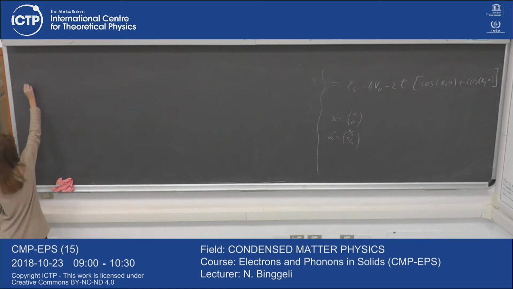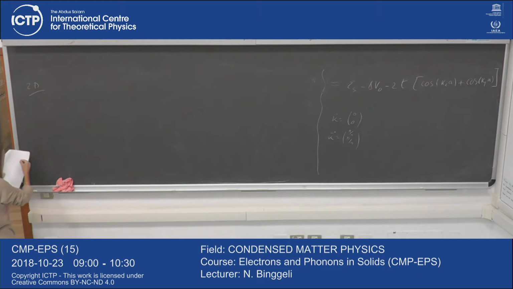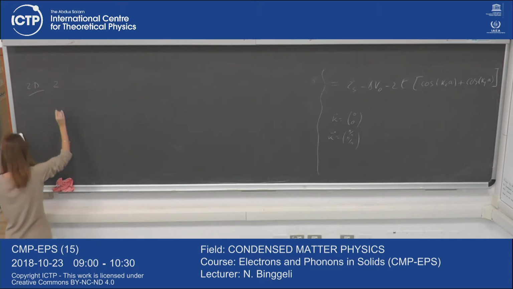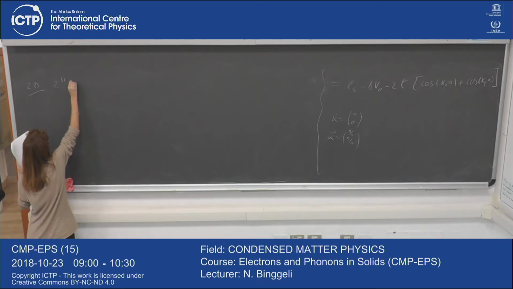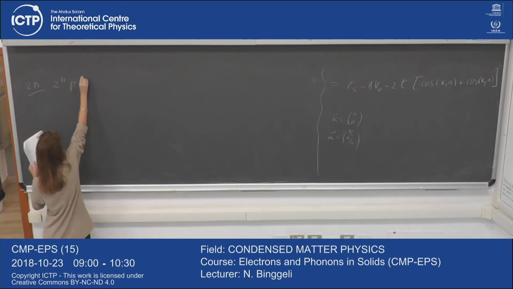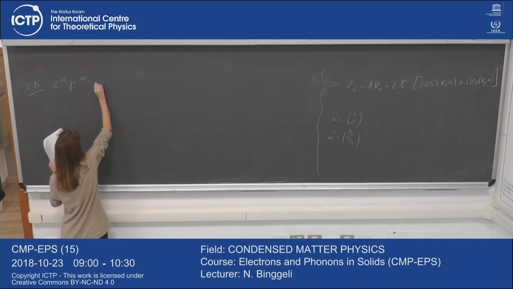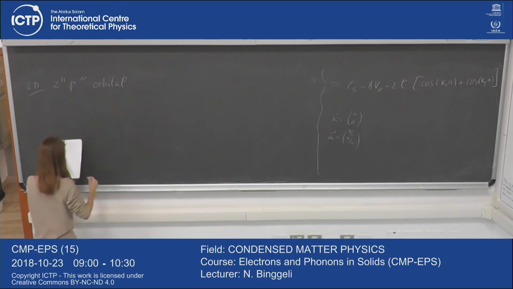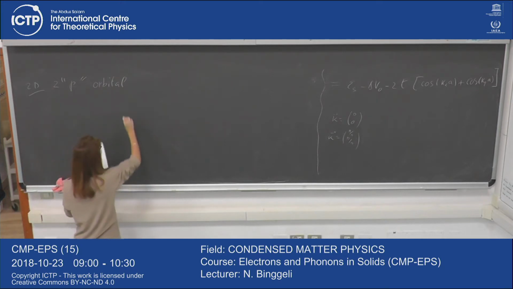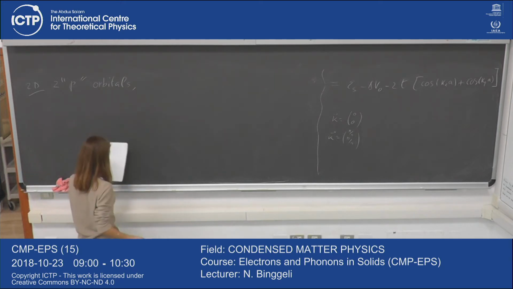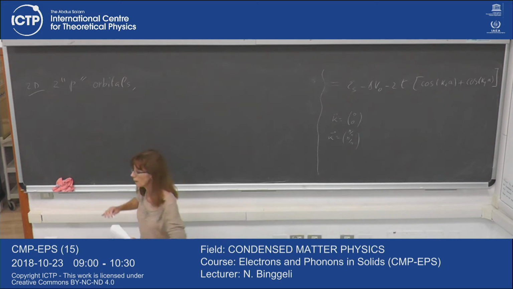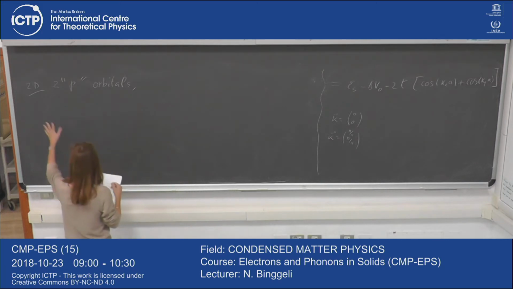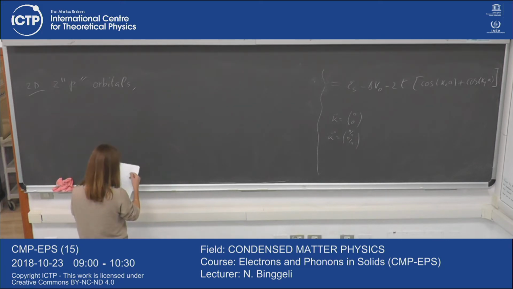Okay, so now let's continue with the two-dimensional system, still the square lattice, but we consider the 2p orbitals. The ones that should be considered together are the px and py if we consider the two-dimensional space as xy space.